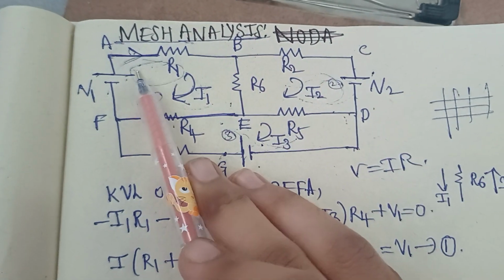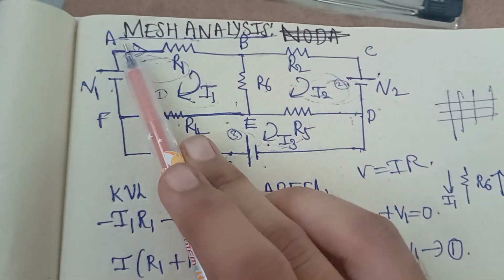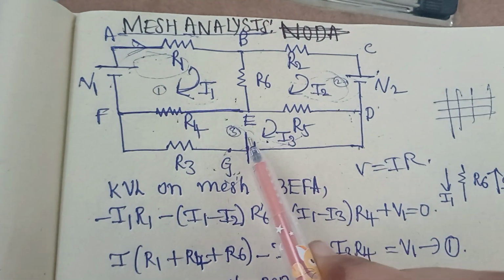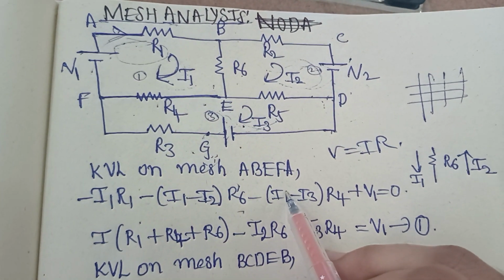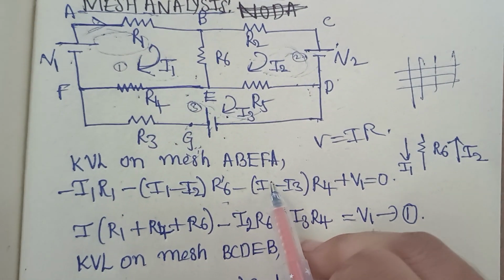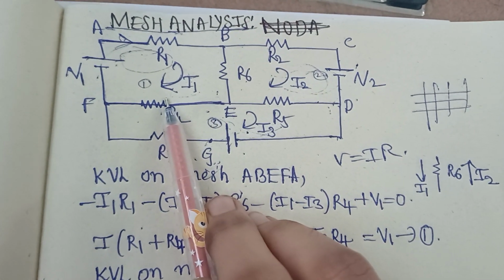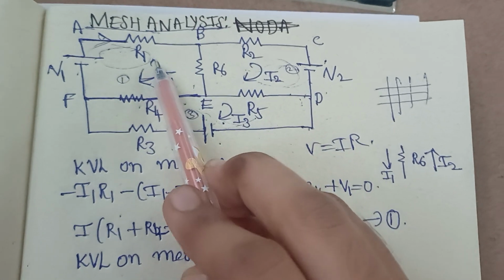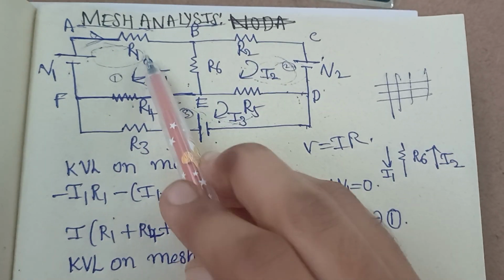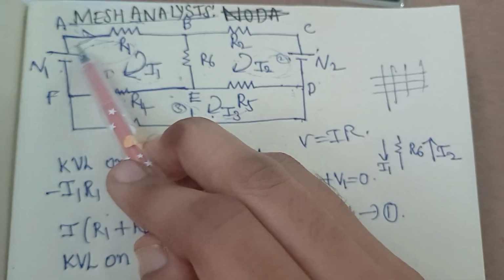Now we are going to apply KVL to each of the meshes. Let us take mesh 1, that is A, B, E, F, A, and apply KVL on this mesh. Either you can start from here, here, here or here. Here I am starting from here, since your current direction is clockwise. While it comes to here, your current direction is in this way, right?